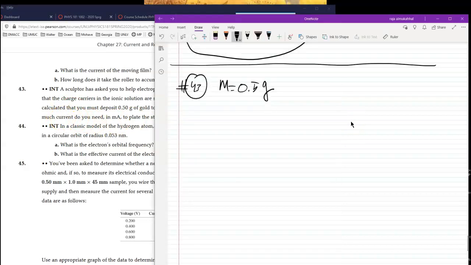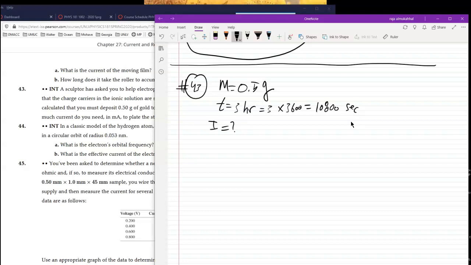So we have the time, 3 hours, which is basically 3 times 3,600. Let me calculate that very quickly. It is 10800 seconds. Okay, and he wants the current.